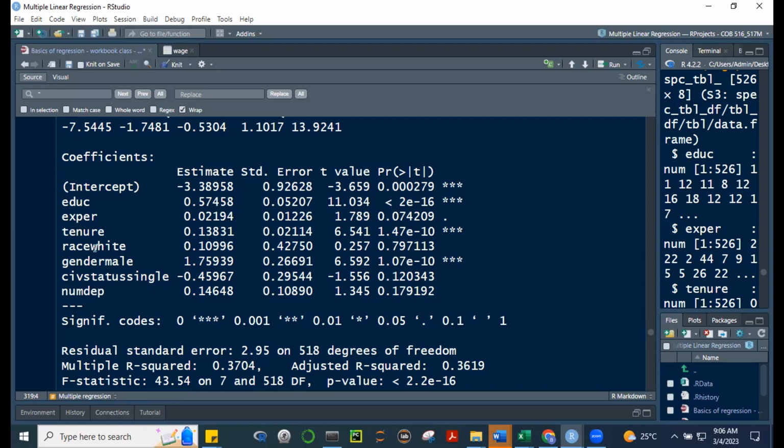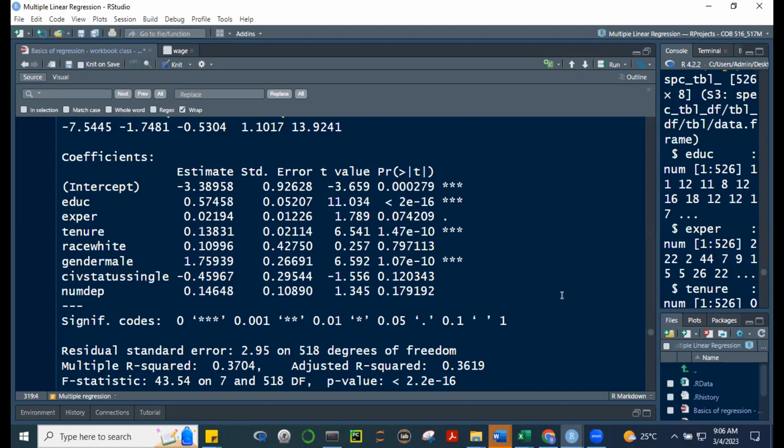Ang benchmark natin dito pwedeng non-white. The answer would have been just negative 1.0996. Pareho lang. Opposite lang yung sign. So ang interpretation natin nun, non-white people receive $0.11 less than their white counterparts on the average. All right, that would have been the result.